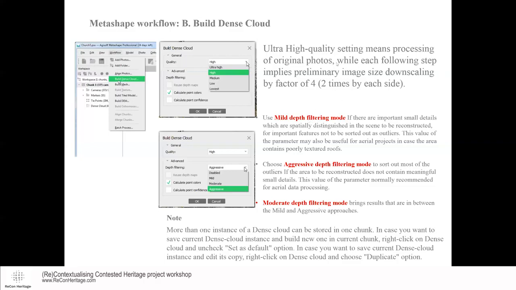If you use high, you can always come back and recalculate the dense cloud at ultra high, or equally if you use medium, you can work your way up.